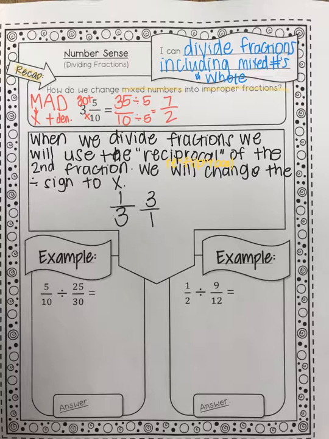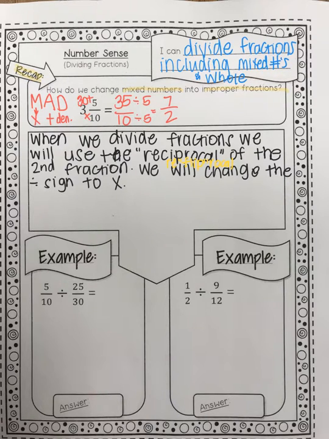When you multiply a number by its reciprocal, you should get as your answer 1 whole. That's how we define the word reciprocal. It is the factor that when multiplied by a number leads you to a product of 1. Multiplying by the reciprocal gets you 1. And that's how we're going to do solving division of fractions.